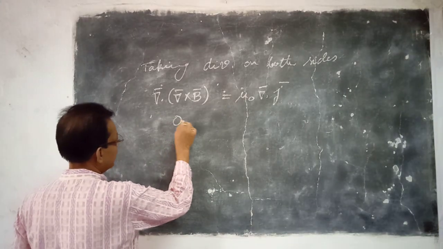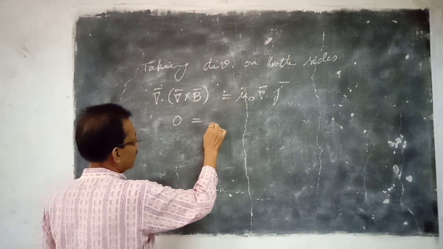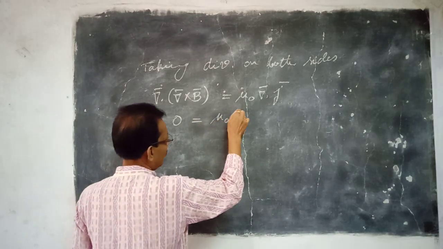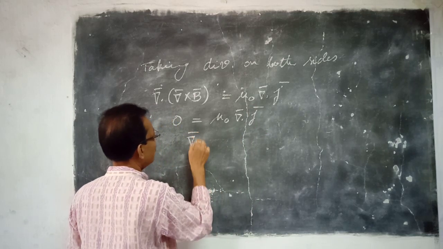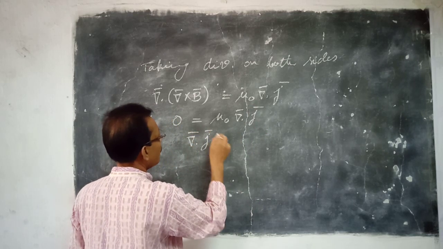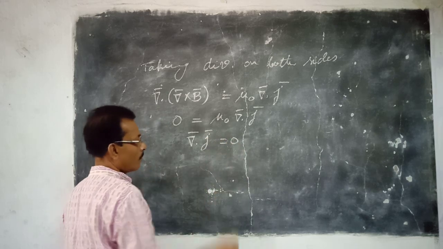Therefore this side is 0, that is mu 0 divergence of J is 0. Therefore divergence of J equals 0.